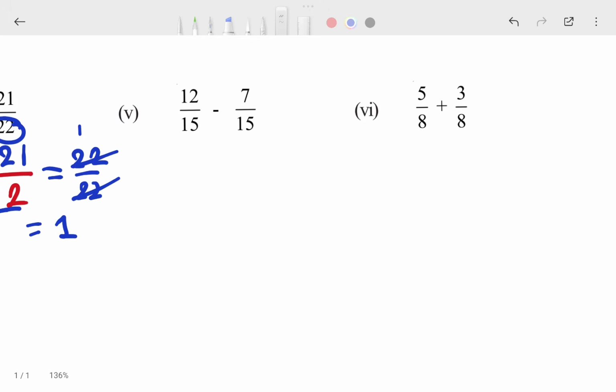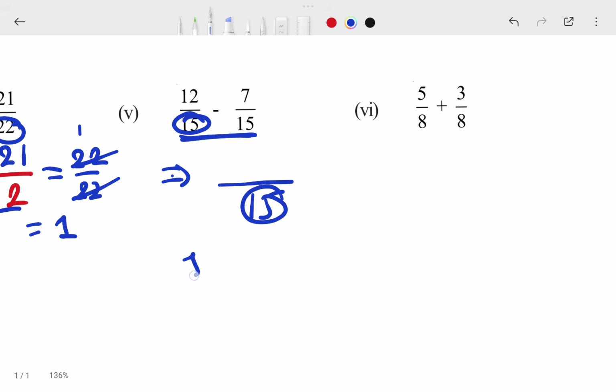Now let's look at this here. In this one, if you take the LCM, the LCM is 15. Simple. And in the 15 table, 15 is how many times? One time. So multiply 12 into 1, that's going to be 12. Okay, minus, in the 15 table, 15 is how many times? It is only one time.